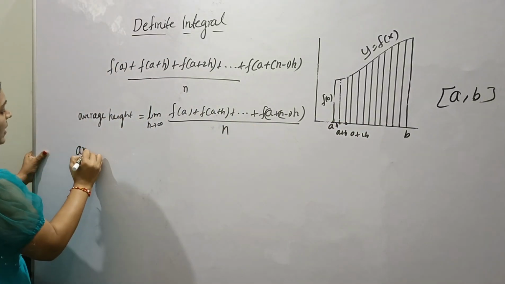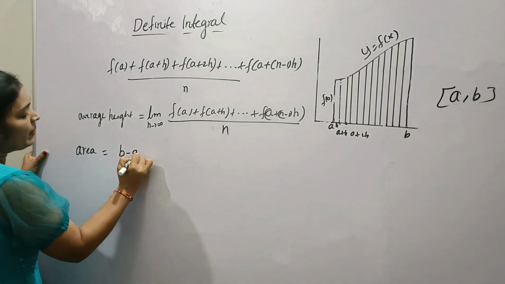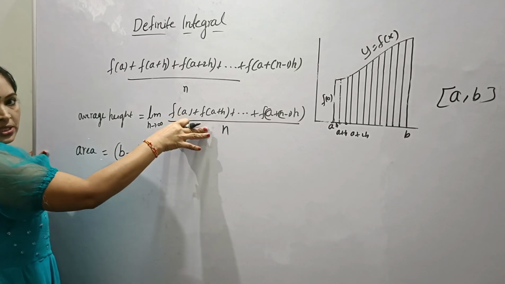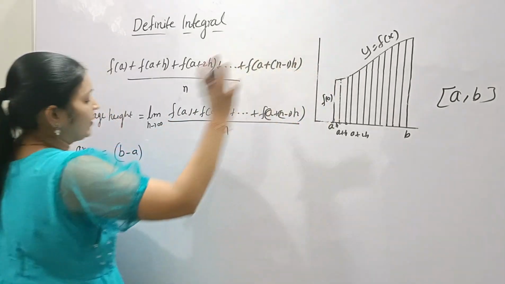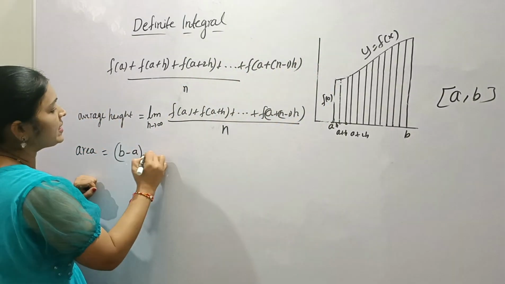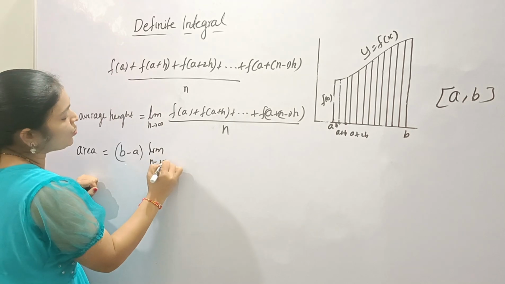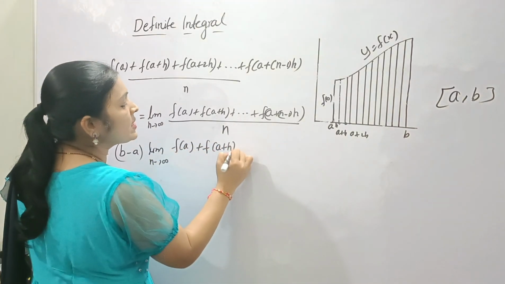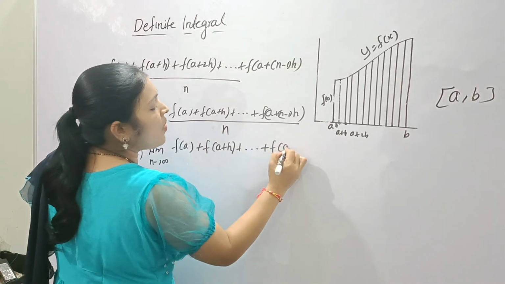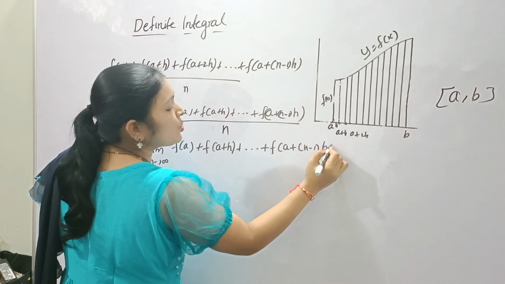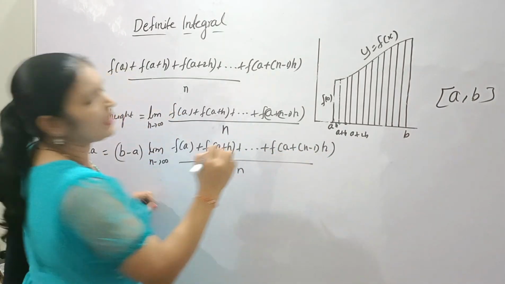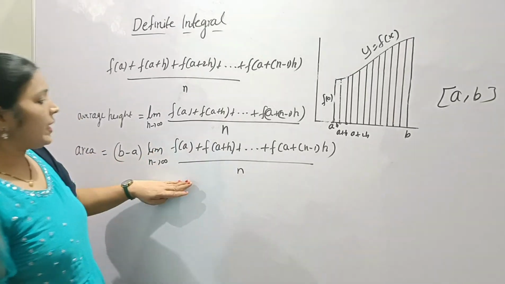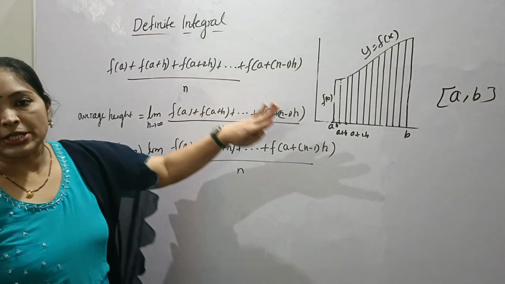So we can write area is equal to (b minus a) into the height. So with the average height, the limit as n tends to infinity of f of a plus f of a plus h plus and so on, plus f of a plus (n minus 1) times h, divided by n, this is the area of this region.